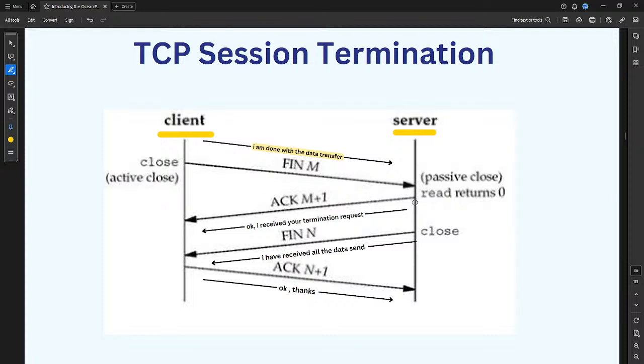Now it's saying, okay, fine, I'm acknowledging this, and I've received your termination request. Let's terminate our request. And then the client is replying back saying, okay, thanks, and of course the session is closed.